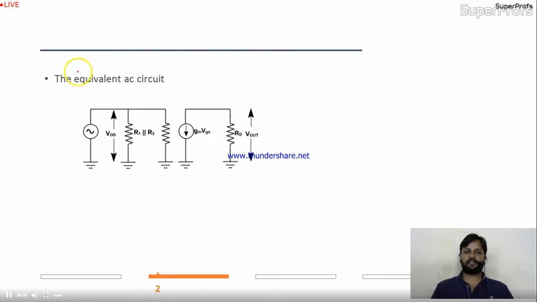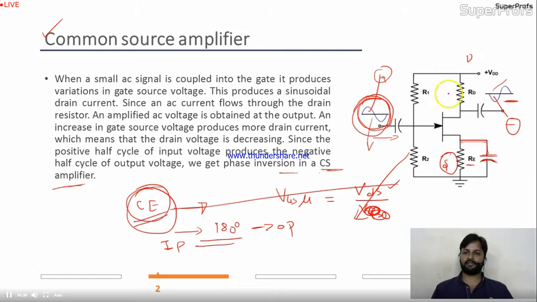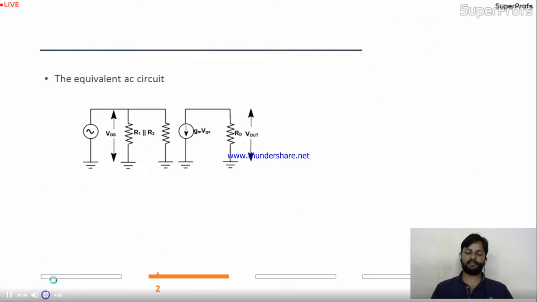Now this is the equivalent circuit, the AC and DC equivalent circuit. We will apply the AC analysis and DC analysis, then we have to find this. Is it okay? In the equivalent AC circuit, R1 and R2 input resistances are in parallel.